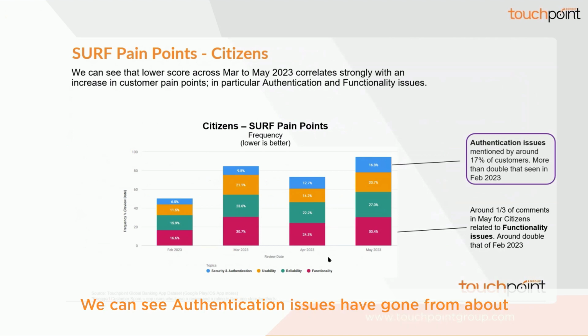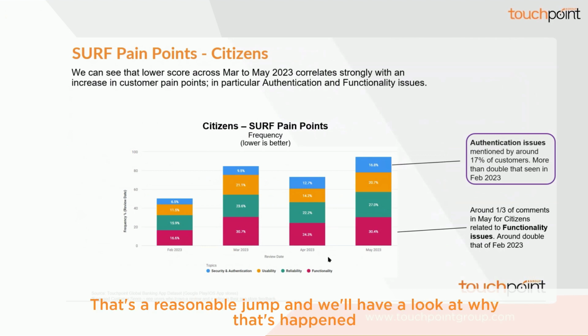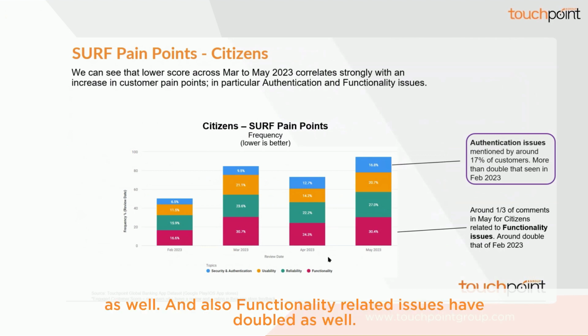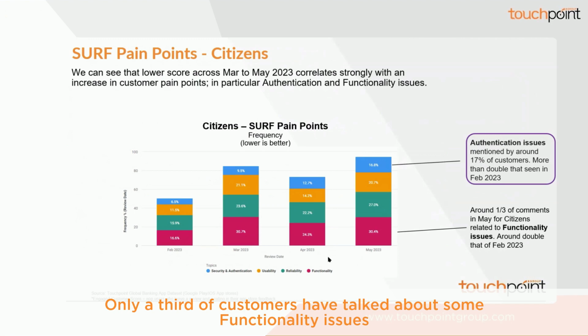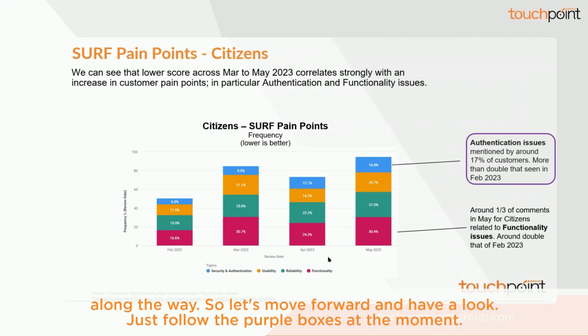Authentication issues have gone from about 7% in February up to about 17% in May. That's a reasonable jump, and we'll have a look at why that's happened as well. Functionality related issues have doubled as well, so again, there are really clear issues there. Only a third of customers have talked about some functionality issues along the way.